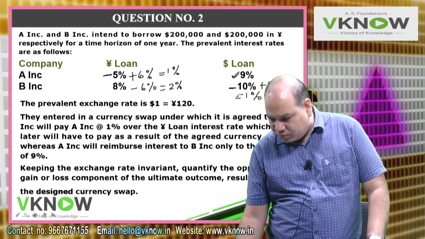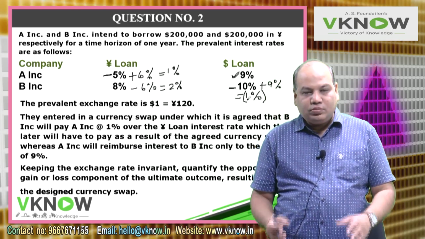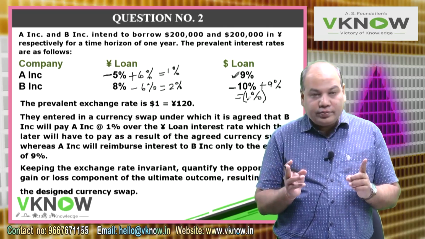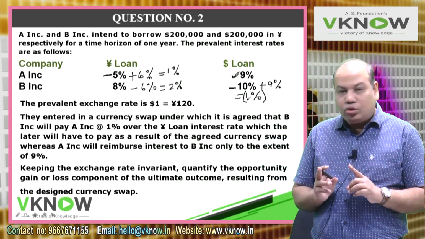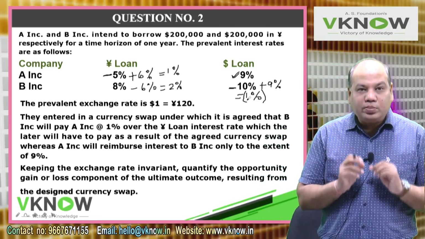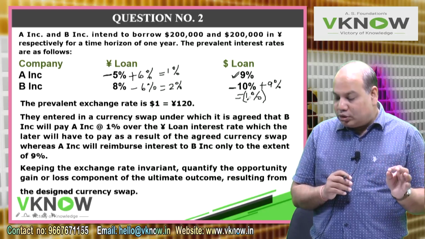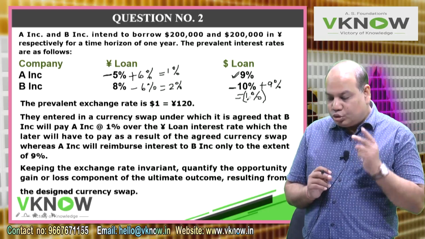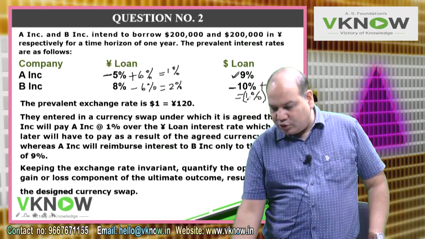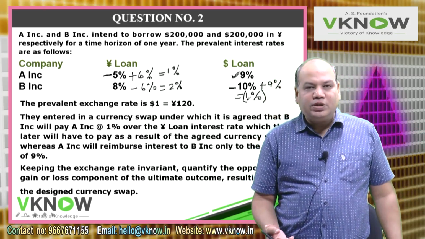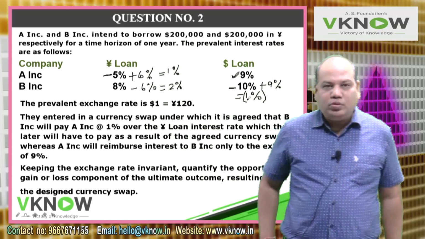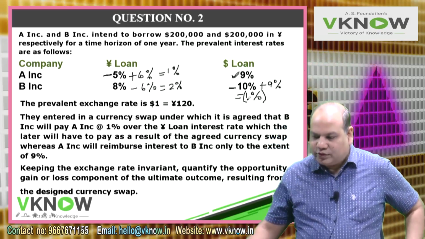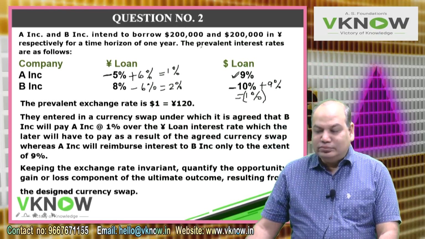So B will lose 1% on dollar loan because B has to borrow at 10 and give it to A at 9. So on dollar loan, B will lose 1%. But on yen loan, B will save 2%. So by saving 2 and incurring 1% loss, the net loss to B is also 1%.